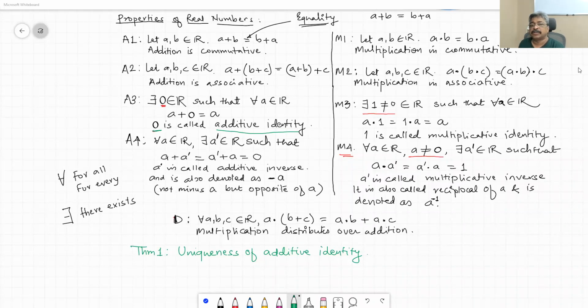That is what this theorem is all about. And we are supposed to write the proof of this theorem, because using these properties and whatever discussion that we have had about real numbers so far, we can write a proof for this statement, which is uniqueness of additive identity.